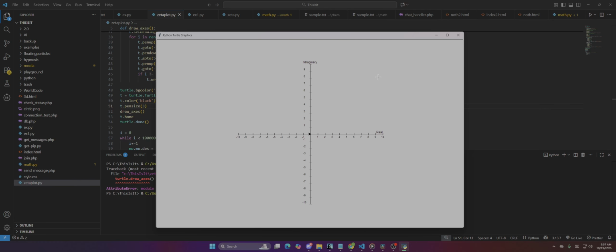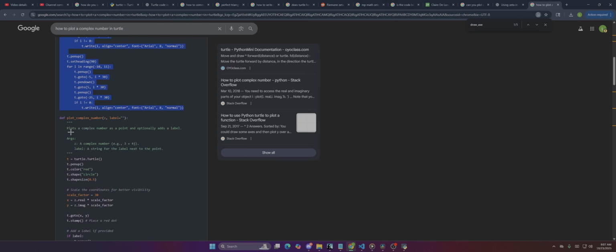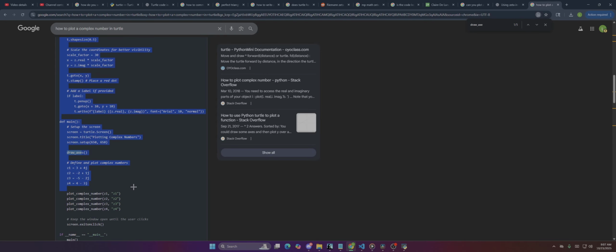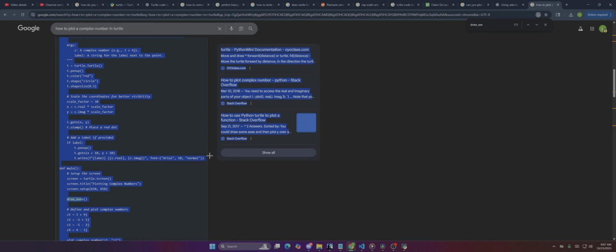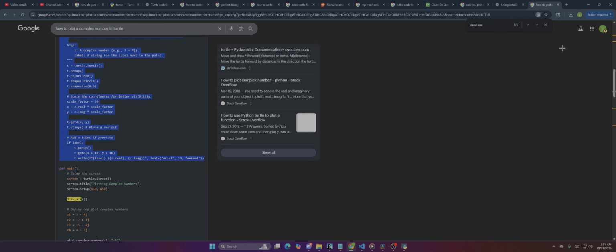That is AI for you. AI can do that, by the way. Complex number. If I just copy this, I am vibe coding at this point. Vibe coding so hard, it is not even funny.